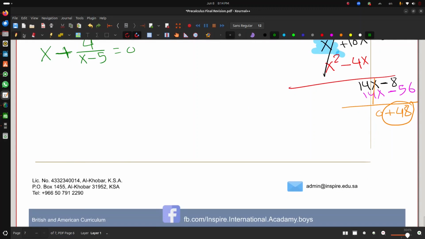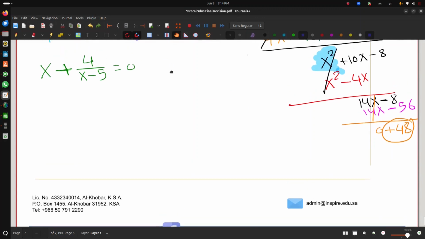Okay, before we start, we have to determine the domain of our equation. The domain here is all real numbers except 5, because we have x minus 5 in the denominator, so it cannot be equal to 0. So if the solution is 5, it means you don't have any solution.